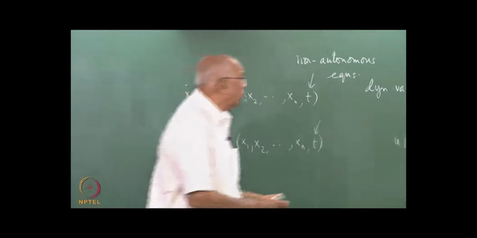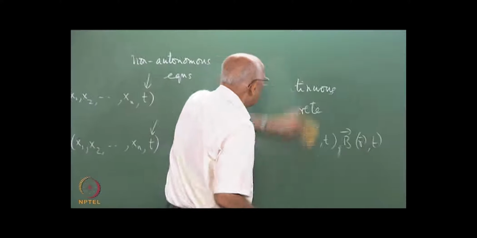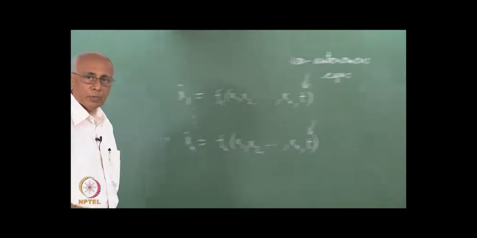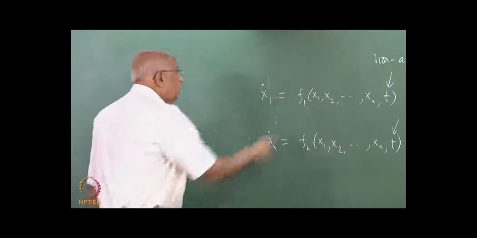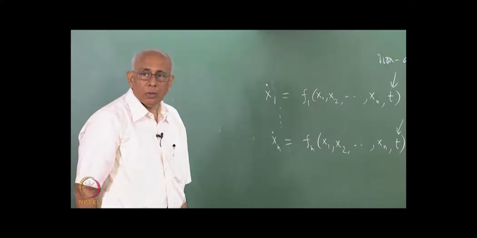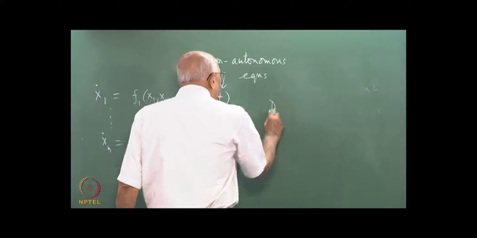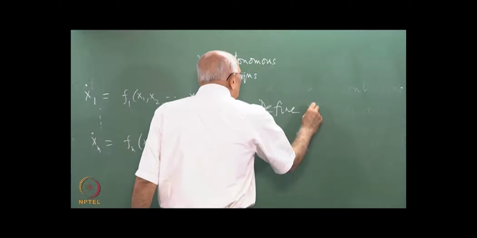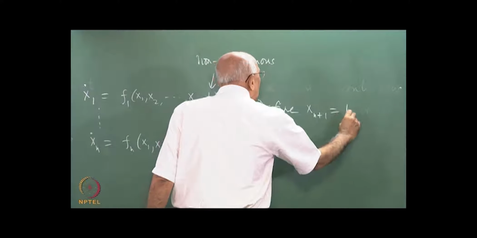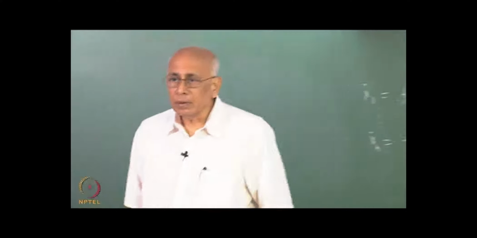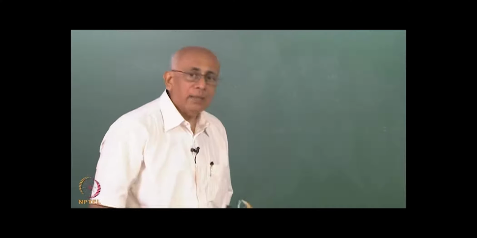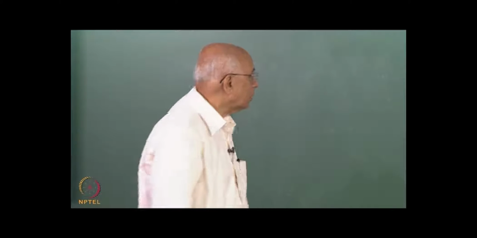However, there is a little simplification that can be made from a purely technical point of view, although from the interpretation point of view it is a very different matter, and that is the following. If I were given a set of n non-autonomous equations of this kind, I could always define an xn plus 1 to be equal to t itself. Although time is not a dynamical variable, dynamics happens in the arena of time as a function of time.